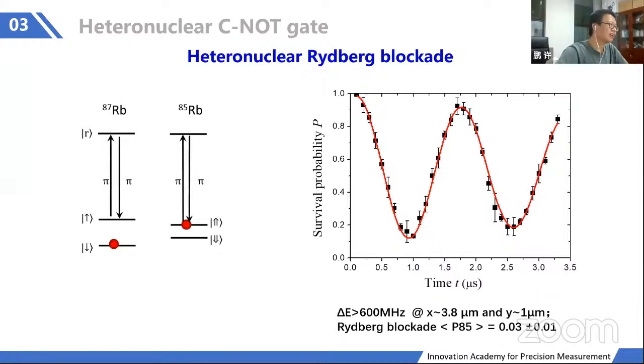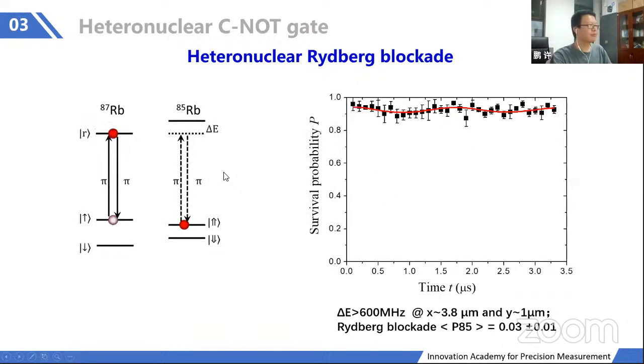Here is a demonstration. For rubidium-87, we use it as a control qubit, and for rubidium-85, we use it as a target qubit. When rubidium-87 is in the up state, the excitation will not excite the atom to the Rydberg state, so 85 will have a good Rabi oscillation between the ground and the Rydberg state.